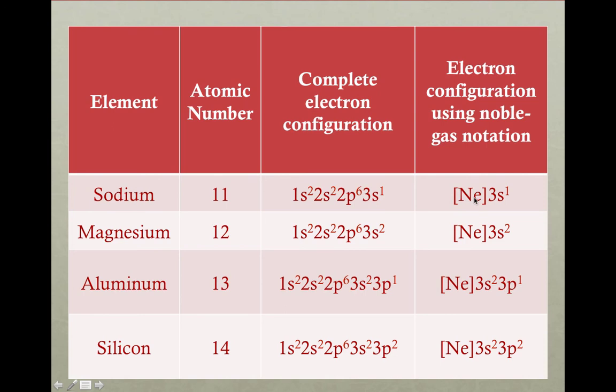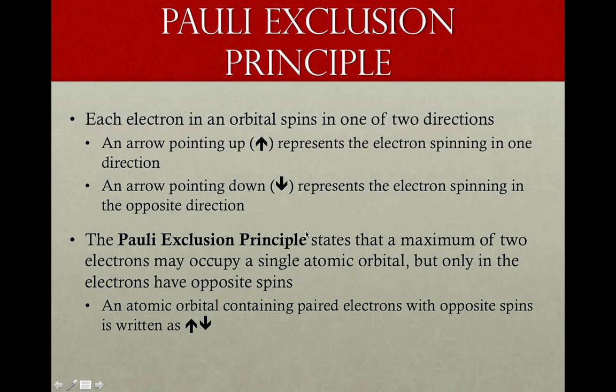This configuration, 1s2, 2s2, 2p6, is the electron configuration of neon. So if you take this and cut it off after the 2p6 and you write neon in brackets, this represents everything up until the 2p6. So you don't have to write it. You can just start with everything that goes from that, which in this case is going to be the 3s1, 3s2, 3s2 3p1. So again, it's a shorthand version.